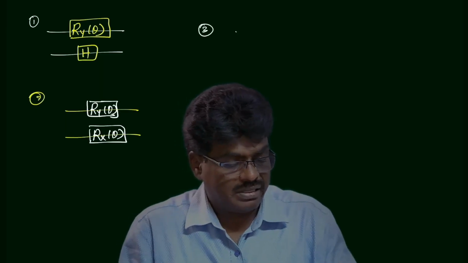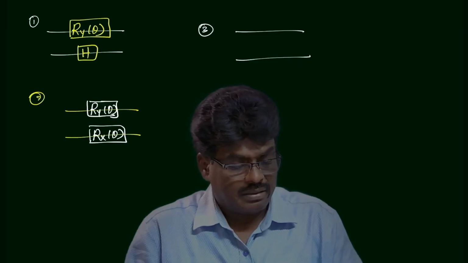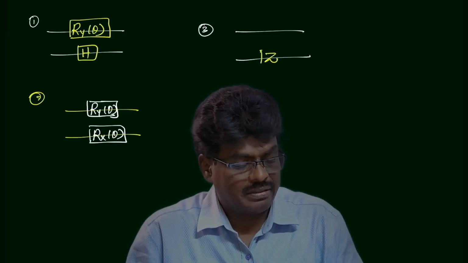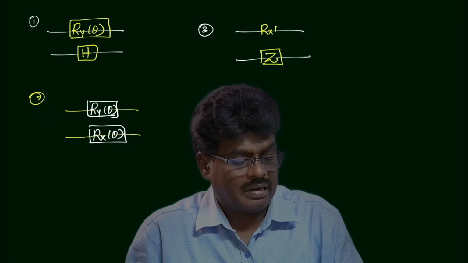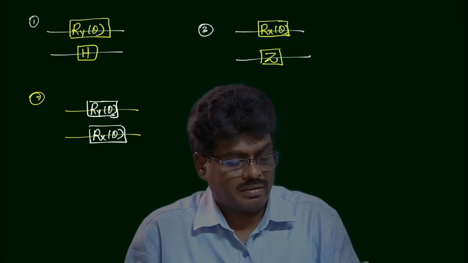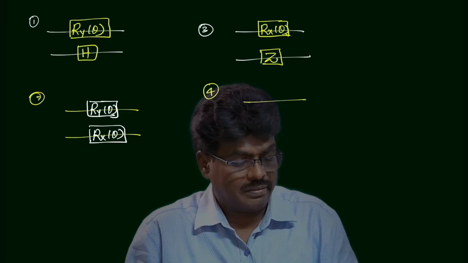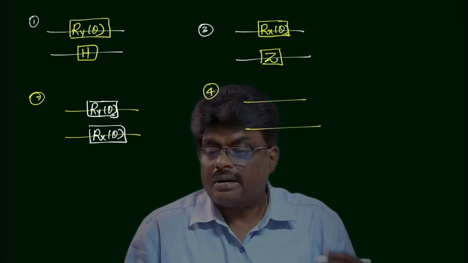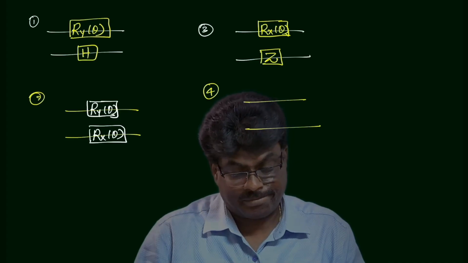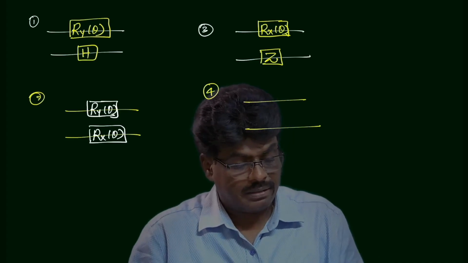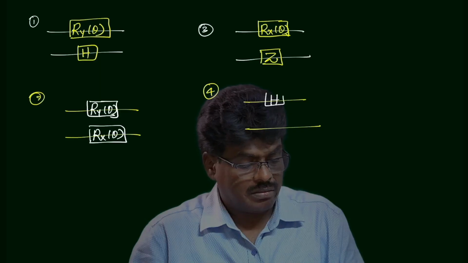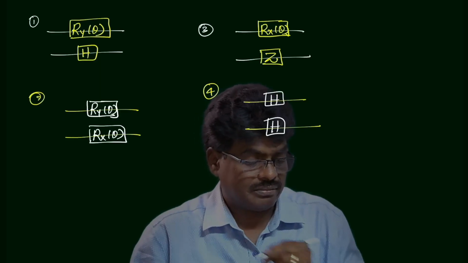And for the third example, let us take a Z here, and Rx of theta. And the fourth one, let us take both Hadamards, try to do it.